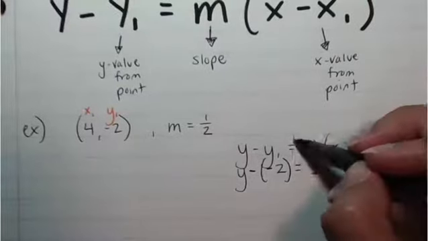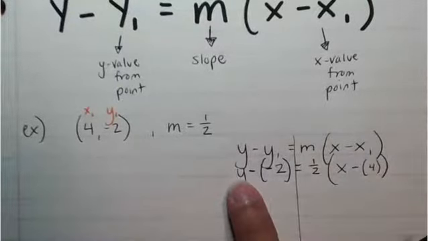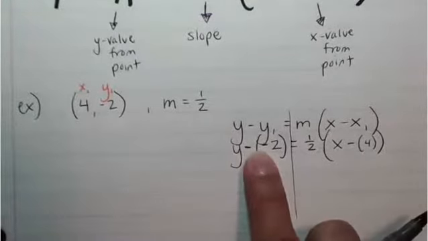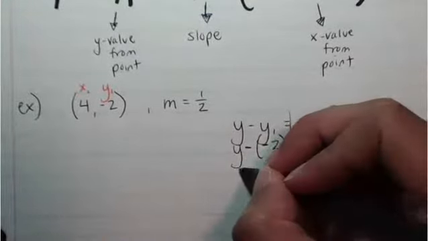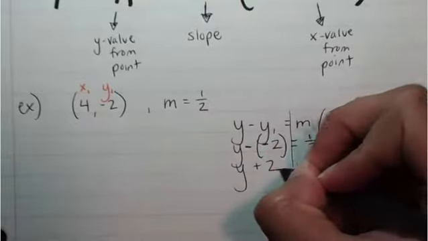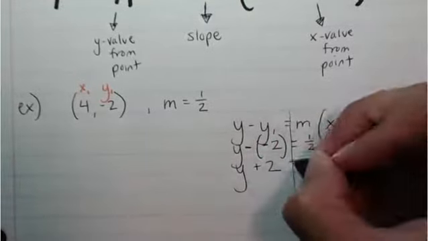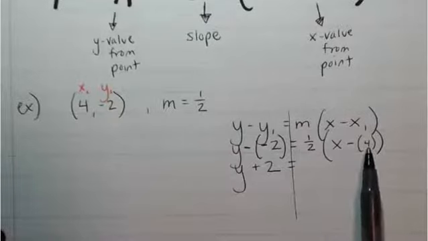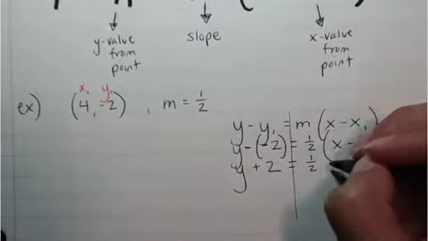Okay, so now I want to solve here. If I look on the left side, y minus negative 2. Two negatives ends up making a what? Positive. So I should have y plus 2 on the left side. Now over here I have x minus 4, which is fine. I'm going to recopy that just so you see that.